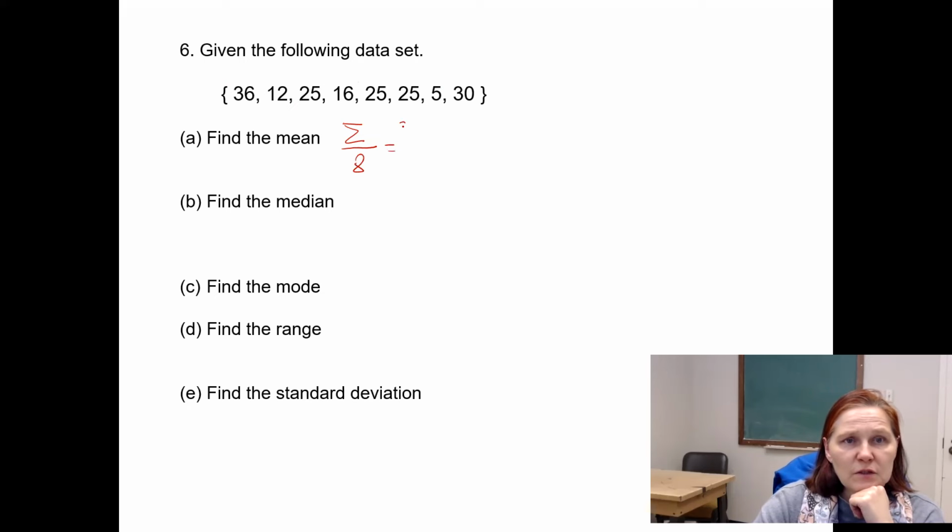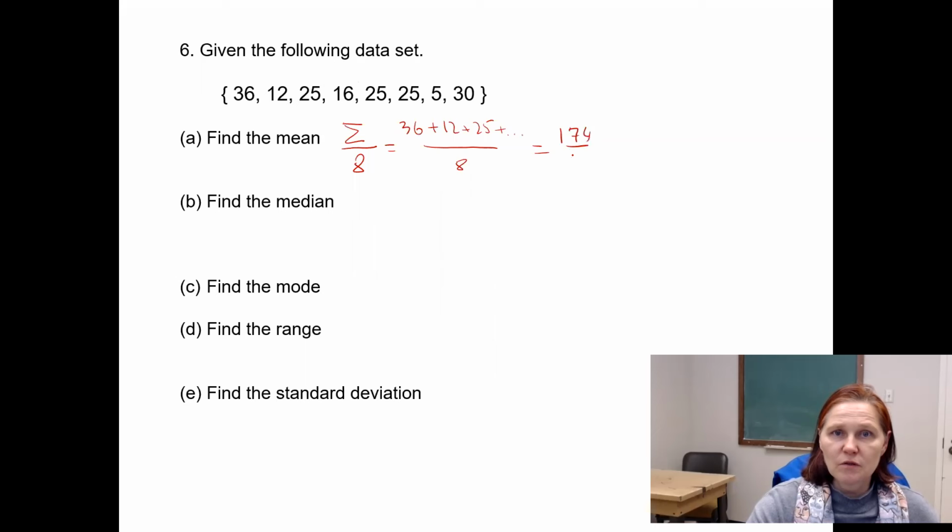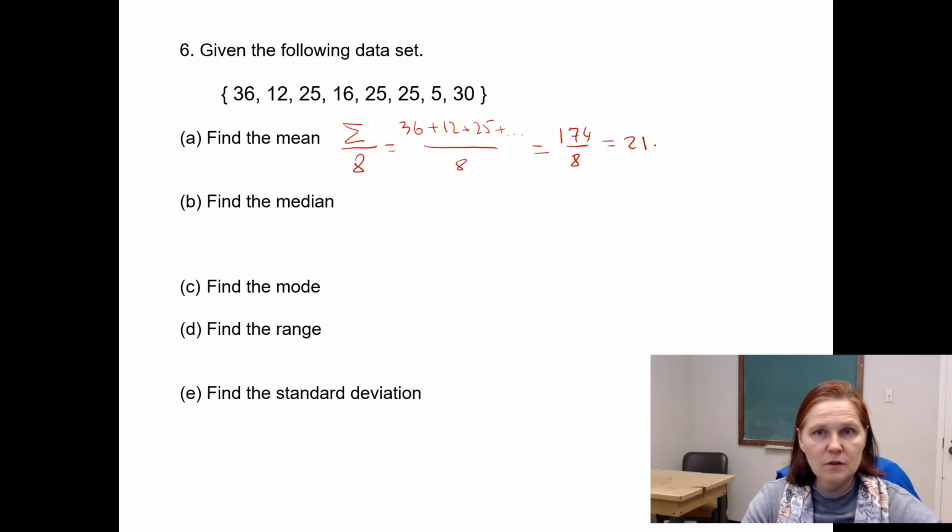So we add 26 plus 12 plus 25 plus so on. So we get the sum equal to 174, divided by 8 will be 21.75.